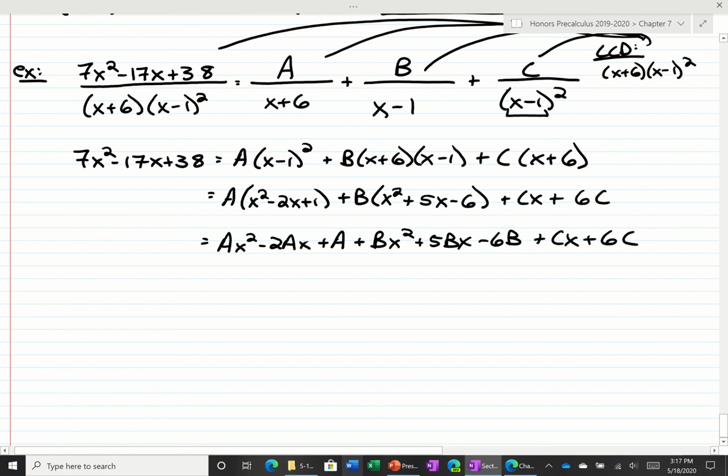All right, so this will be a good time here. We want to group all of the x squared terms together. So we have a and b x squared. We want to group all the x's together.